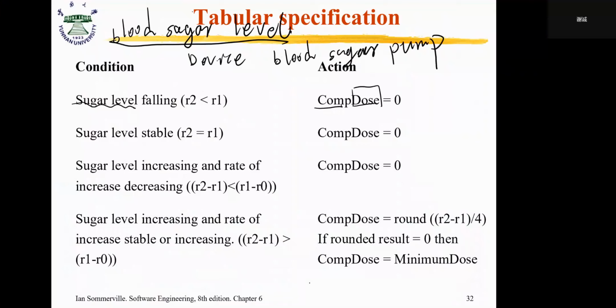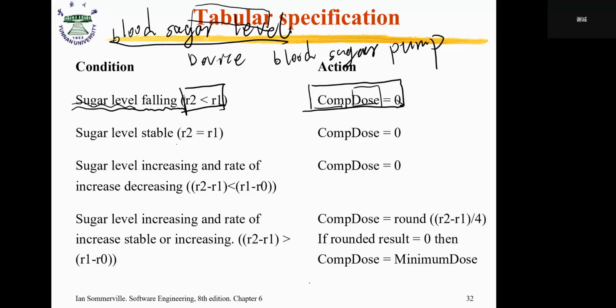So it uses the so-called tabular specification. What can it do? For the condition when your blood sugar level falling rate is this one, the control system does not inject the drug into your blood.